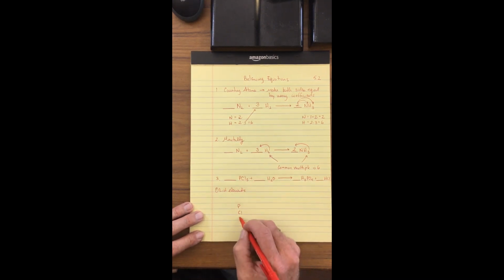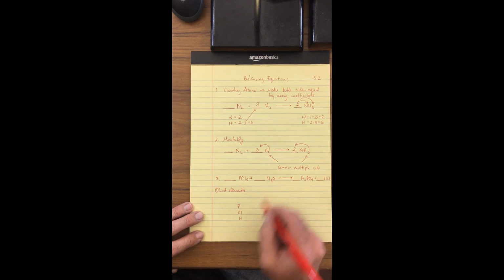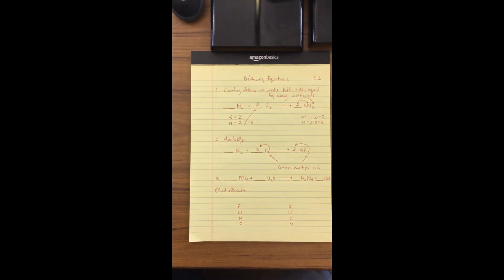Going down, I also have an H, and I also have an O. So on the other side of the equation, we're also going to have P's, Cl's, H's, and O's. So first step is to list all the elements.